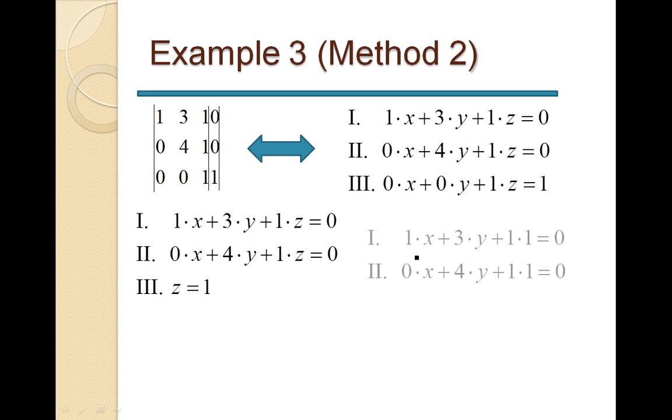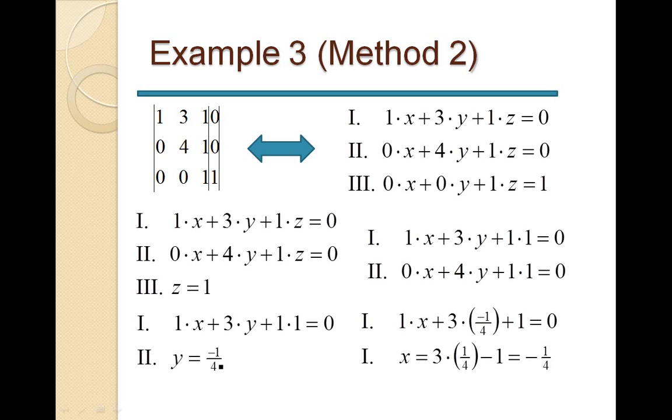I only have 2 equations now. I have 1x plus 3y plus 1 equals 0, and x plus 4y plus 1 equals 0. So now I can solve this equation. I put this 1 to the right hand side and divide by 4. So I get y is equal to minus 1 over 4.